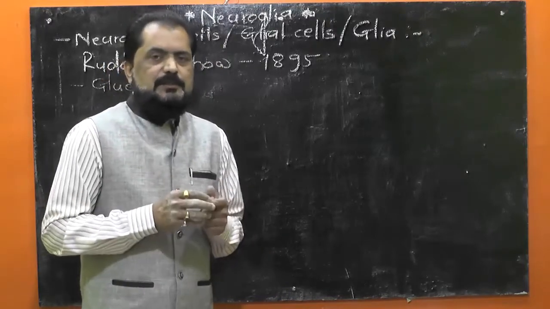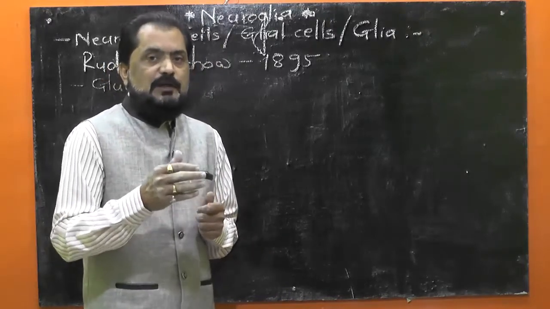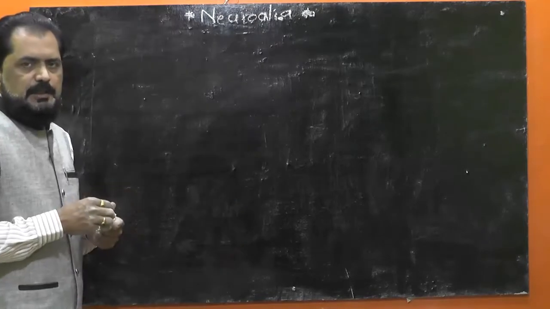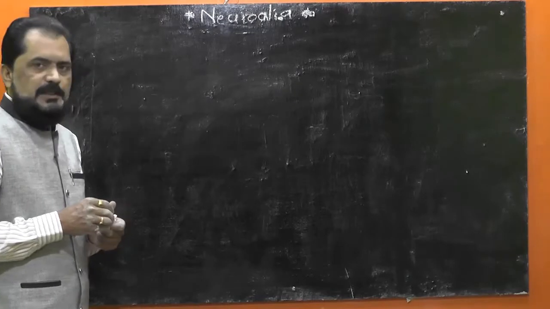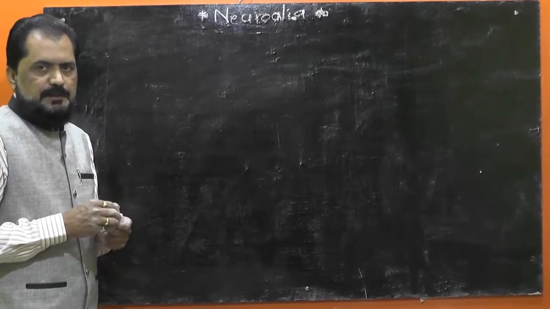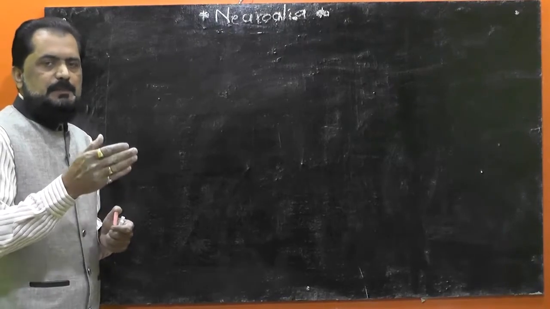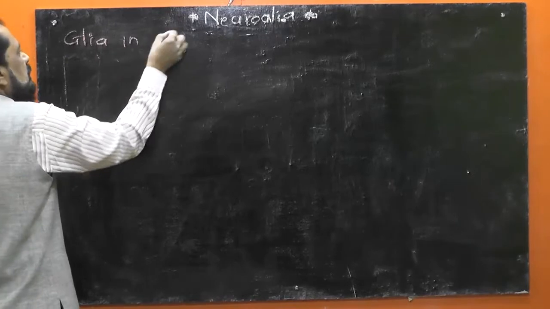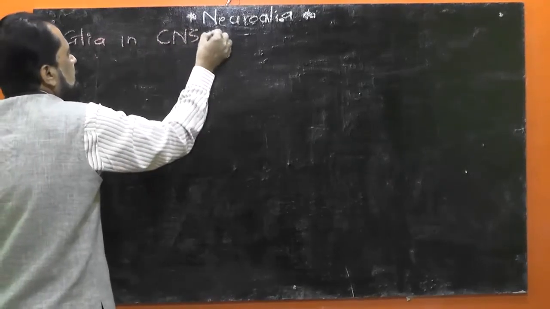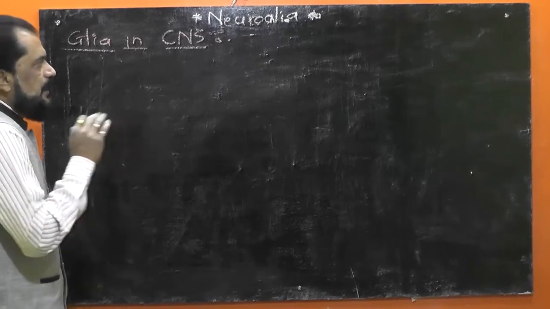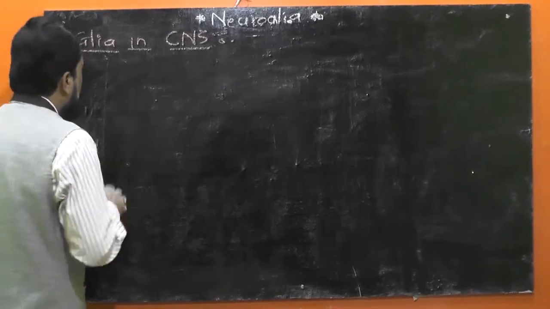Now let us start the study of types of glia, types of glial cells. Initially, let us discuss about the glial cells in CNS, central nervous system, that is in brain and spinal cord. Glia in CNS. There are 4 different types of glial cells found in central nervous system.